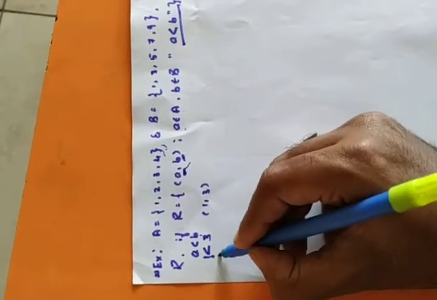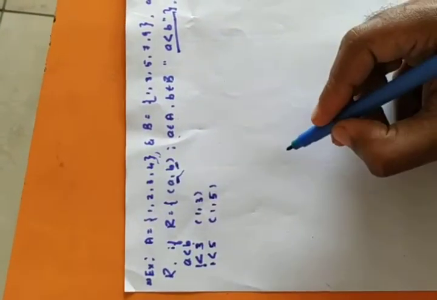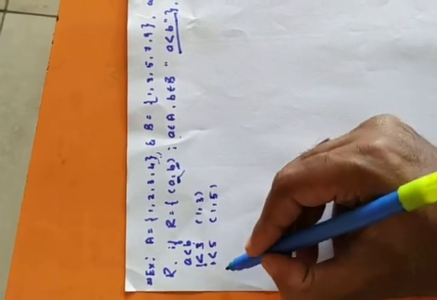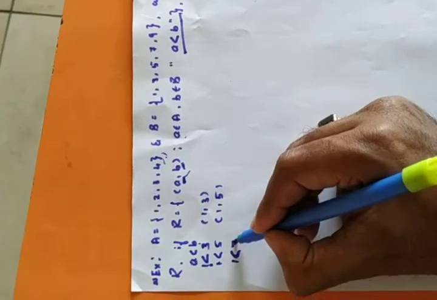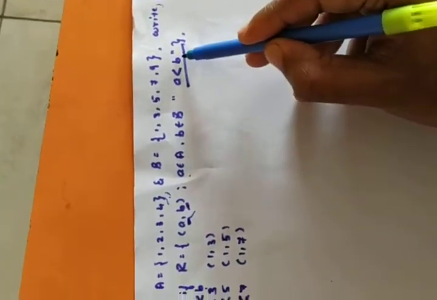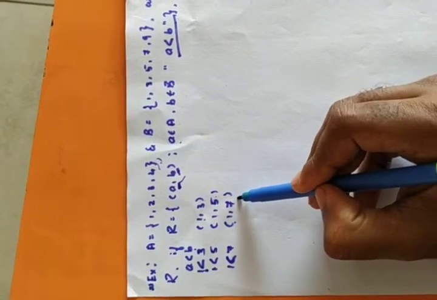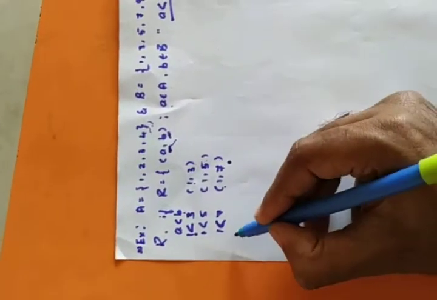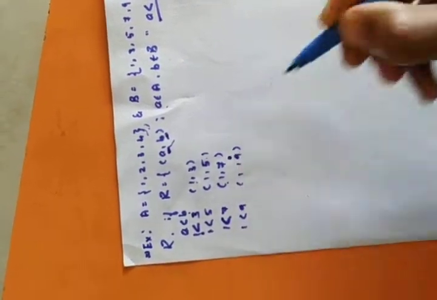Yes, so I can write (1, 5). I kept the 1 as it is. Then 1 is lesser than 7. Yes, so (1, 7). From this definition, A lesser than B. Getting? Next, 1 is lesser than 9. Yes, 1 is lesser than 9, so (1, 9).